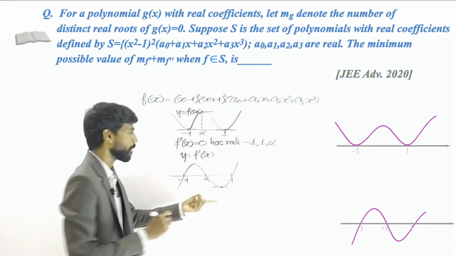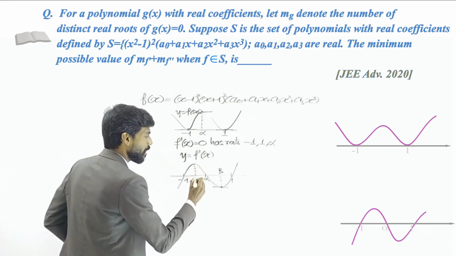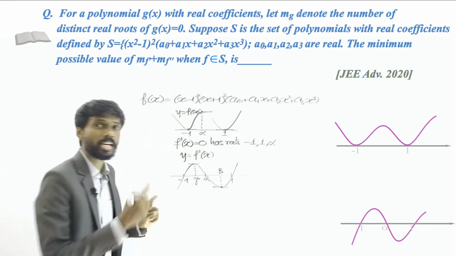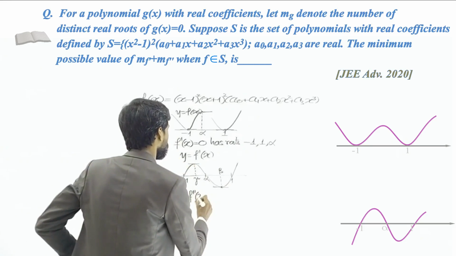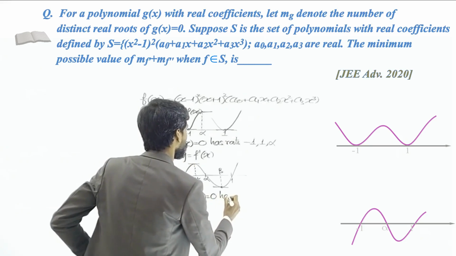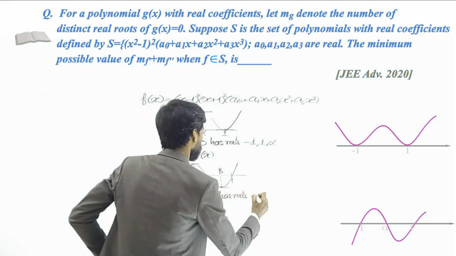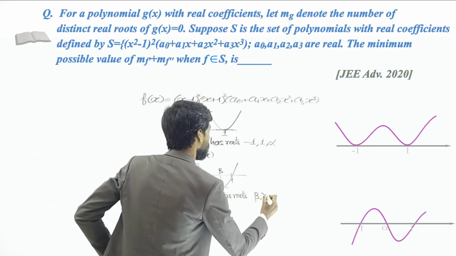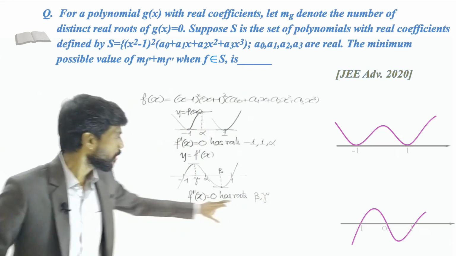That means the second derivative becomes 0. So let us call that point, say, beta. And also there is a point here, call it gamma, at which the derivative of f dash of x becomes 0, which means f double dash x equal to 0. That equation has roots, this value, beta and gamma, which means the minimum number of roots of the second derivative is 2.